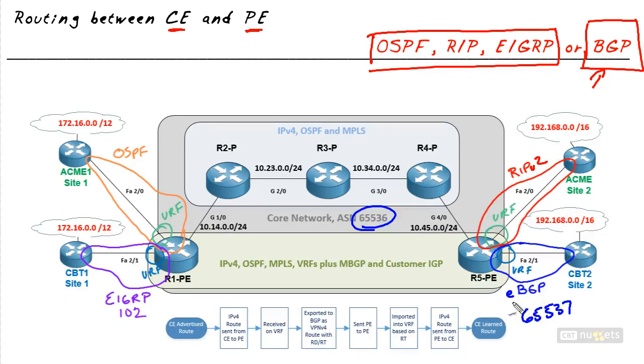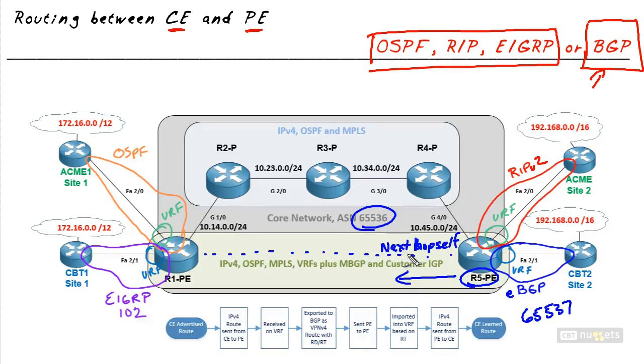Now, if we do use Border Gateway Protocol between R5 and CBT2, there is one additional change we're going to make to our network: we are going to modify the BGP session between R1 and R5. We'll modify R5 so that any routes that we advertise will set router 5's loopback as the next hop. We'll use the next-hop-self command for that.